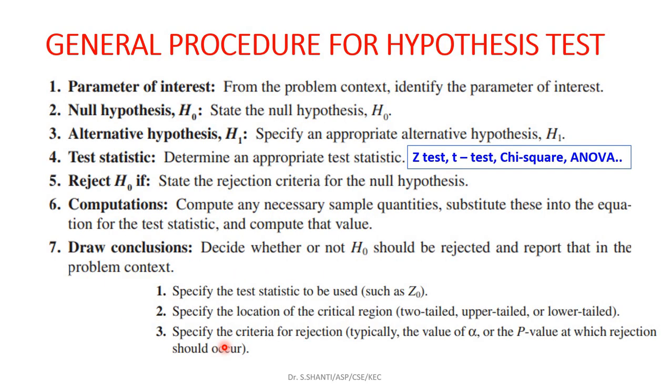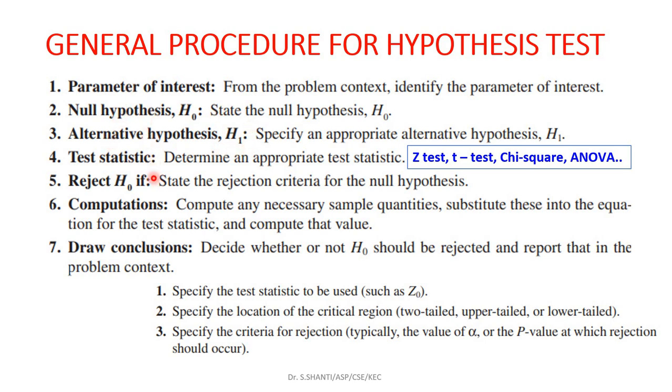Then what are the different steps to test a hypothesis? The first step is to decide the parameter of interest, whether the statement is about the population mean, variance, or proportion, and so on. Next, we define the null hypothesis, then the alternate hypothesis.